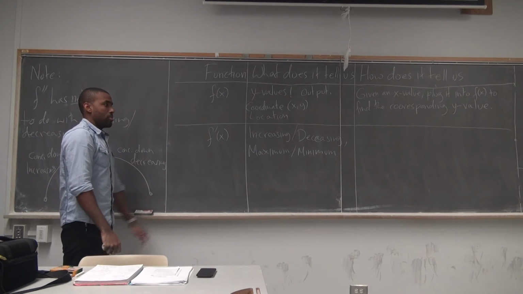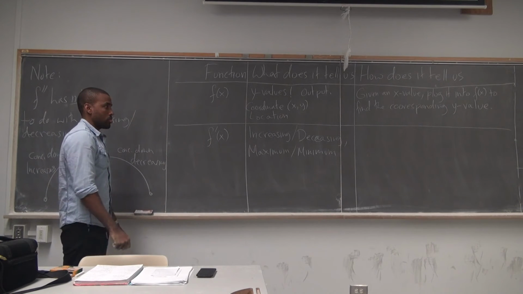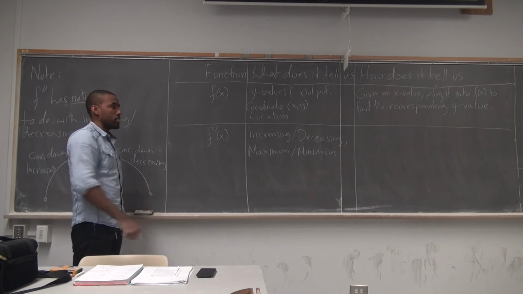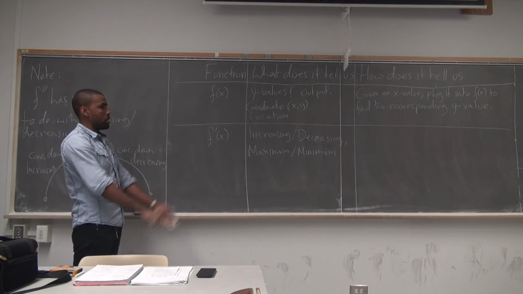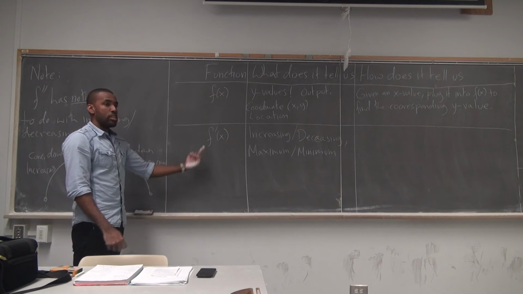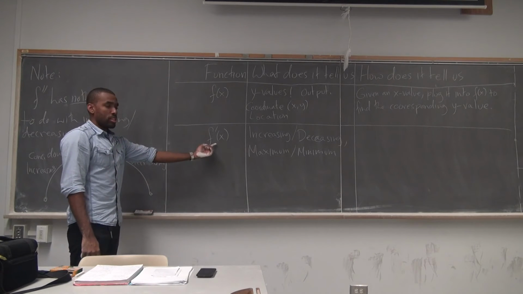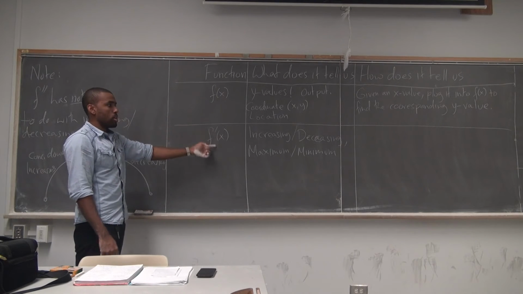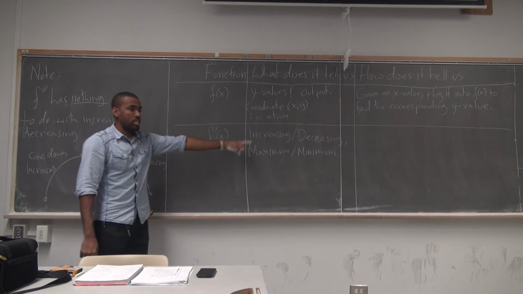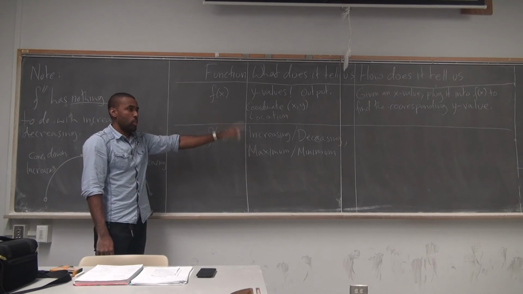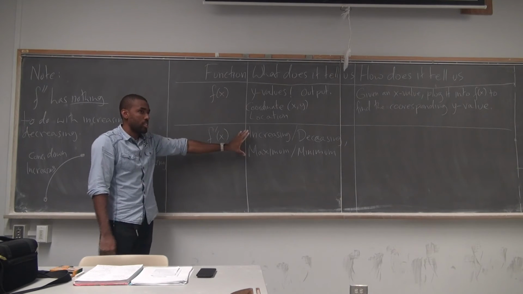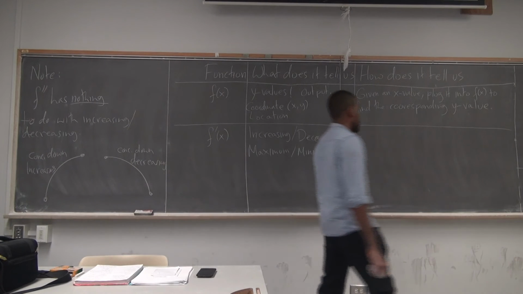So that's the information you get from the first derivative. At any point, if you want to know when am I increasing, when am I decreasing, when am I a maximum, when am I a minimum, you will look at the first derivative. You will not look at the first derivative to figure out a location. That's not the information it tells you. The only information you get from the first derivative is these four pieces of information. At no other point will you look at the first derivative for any other piece of information. How does it actually tell us these things?